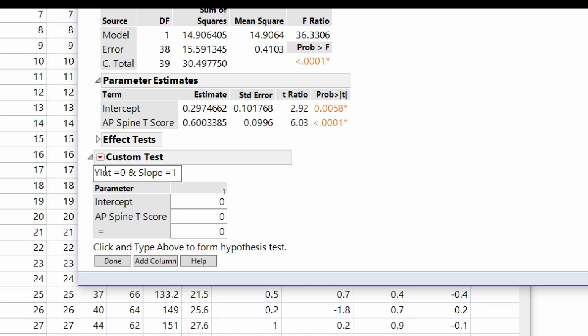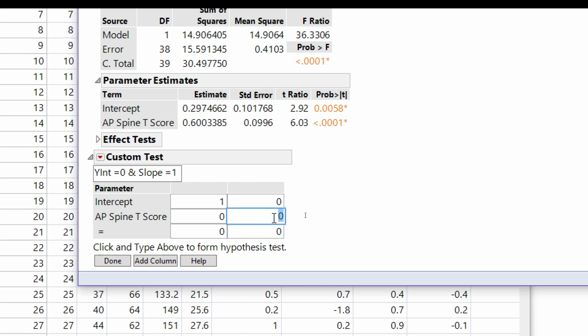I'm testing two quantities here, so I'm going to need to add a column. This first column is going to be for the y-intercept. So I want to put a coefficient of 1 on that, and I want that y-intercept to be 0 here. So the row just picks up the coefficient, and then I have the equal sign to 0 here.